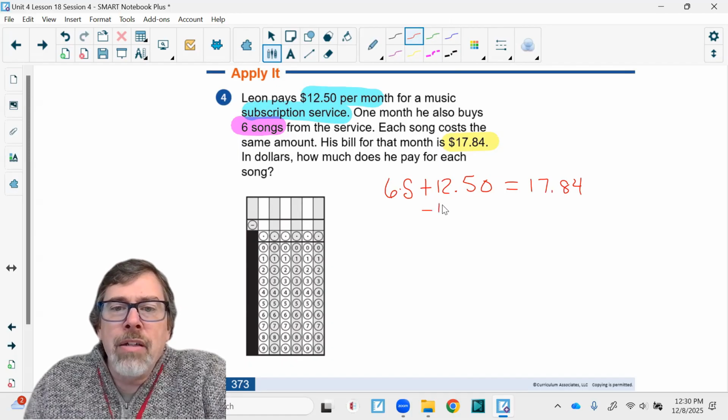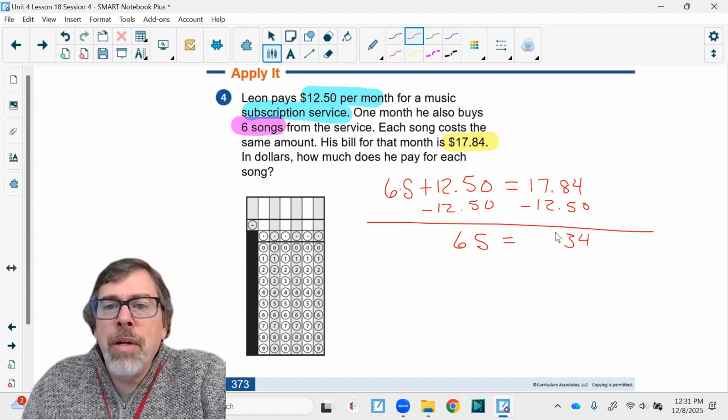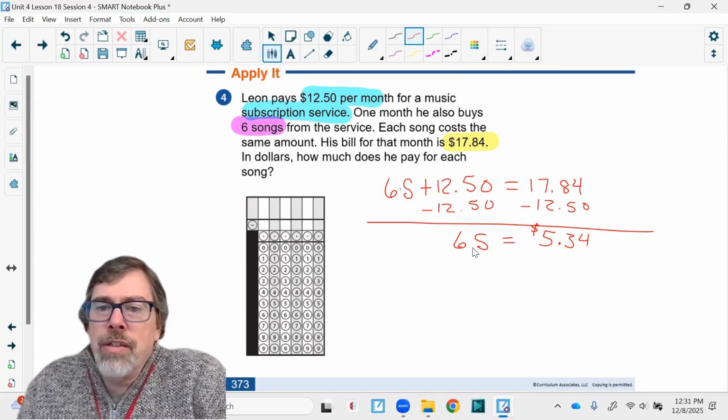Let's subtract our subscription cost out of our total fee that month to get what we paid for 6 songs. 4 minus 0 is 4, 8 minus 5 is 3, 7 minus 2 is 5. Leon paid $5.34 for his 6 songs.